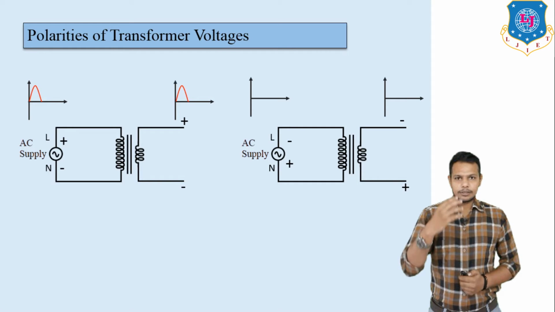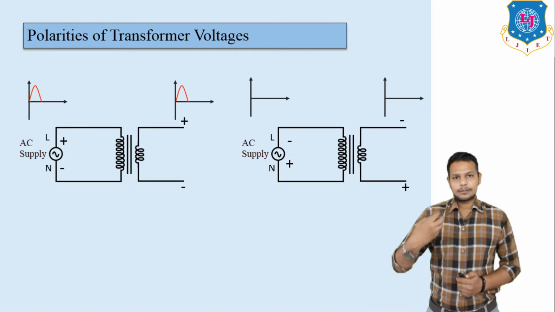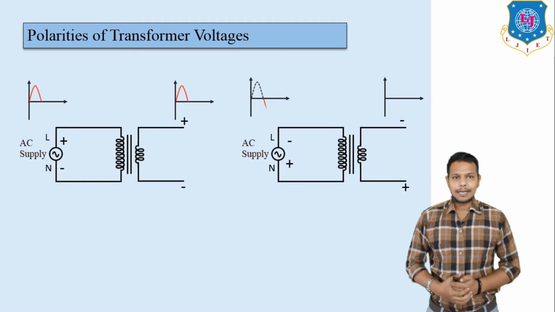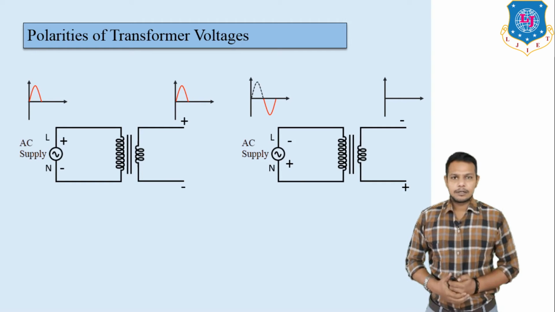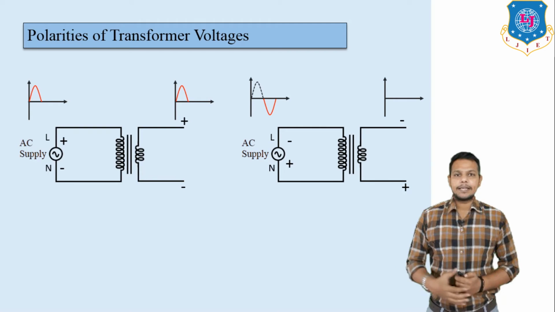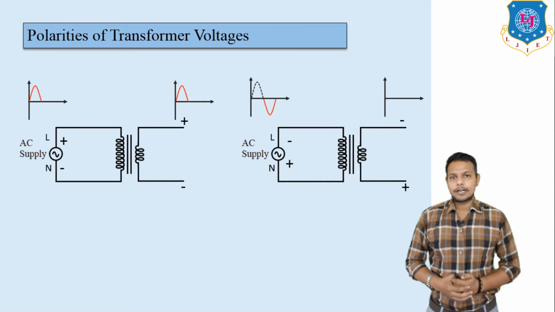If the waveform is changed, like if there is a negative waveform, as we can see in this graph, that means your polarity is changed. Below is plus and above is minus. Current always flows from plus to minus in this manner.